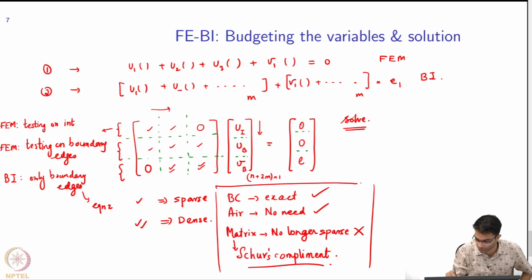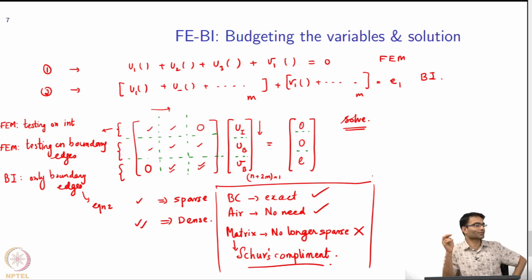The main summary here is how we managed to combine the best of two worlds. We did FEM, and this is specific: I chose a vector FEM, so my unknowns became the unknowns along the edges.